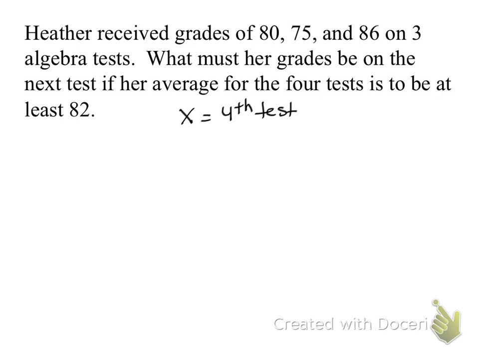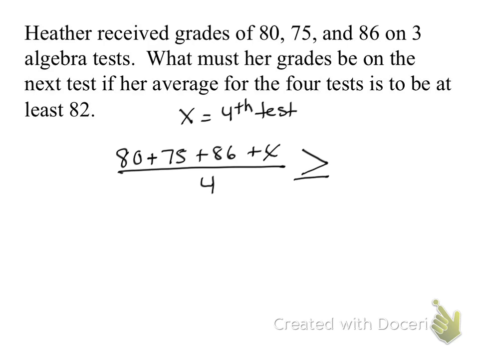Define it. Charlie? X equals the 4th test. Okay, how do I set this up? What do we do to find an average? Evan? 80 plus 75 plus 86 plus x, divided by 4, is... Has to be what? Greater than or less than? It is greater than or equal to 82.